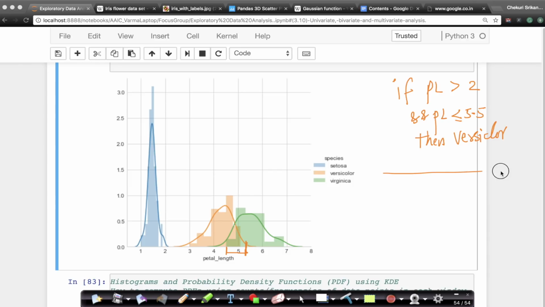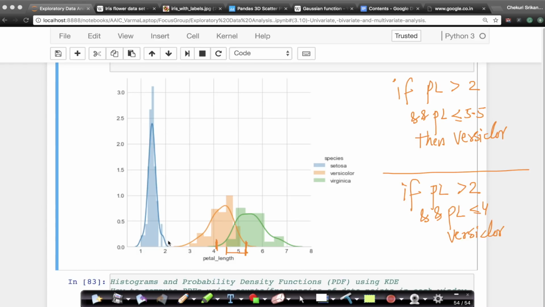On the other hand, if I use this as my threshold and write: if petal length is greater than 2 and petal length is less than or equal to 4, then versicolor. These are basically thresholds that I'm setting.